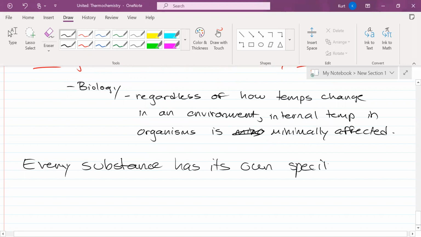And while I have my other computer open, I want to look up the specific heat of sand, asphalt, and concrete. Specific heat capacity of sand.